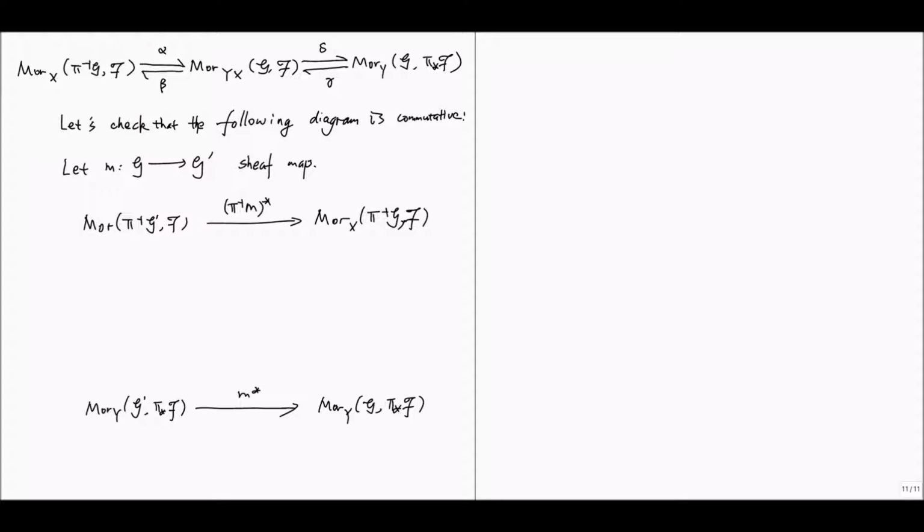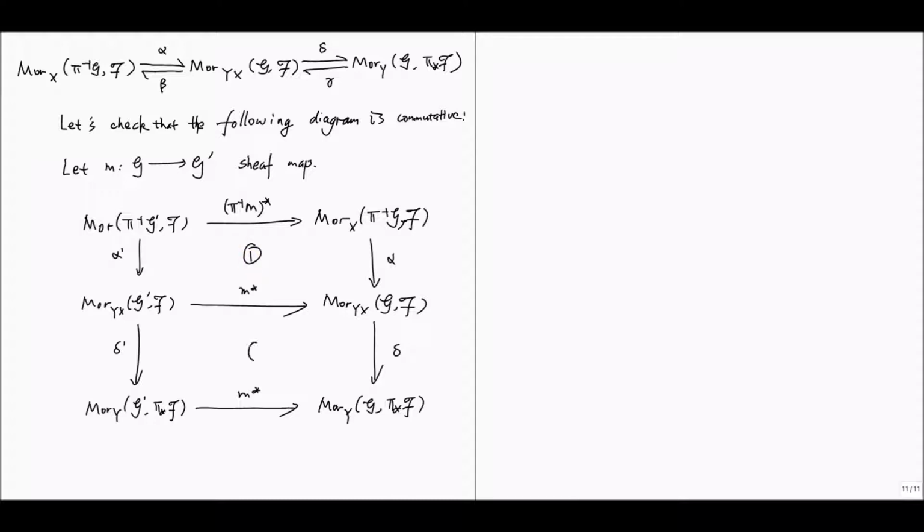Actually, here we need alpha and delta. We add objects and arrows in the middle. And let's check this square and this square are commutative. As a result, this whole rectangle will be commutative.